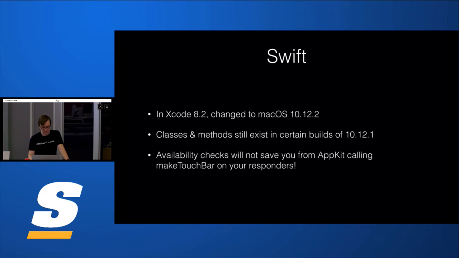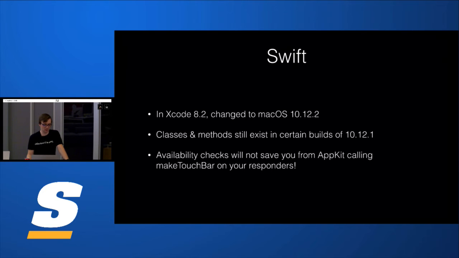And that body was prevented from running on 10.12.1 machines that did have touch bars. So there was an inconsistency where AppKit would call makeTouchBar on us. We would give it the default touch bar, and then if you entered crop mode, it wouldn't invalidate it. It would just stay there all the time.